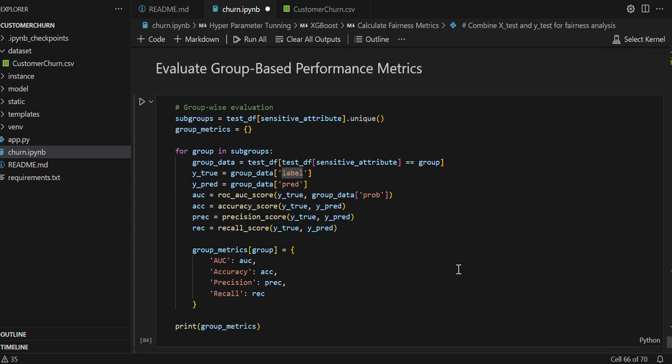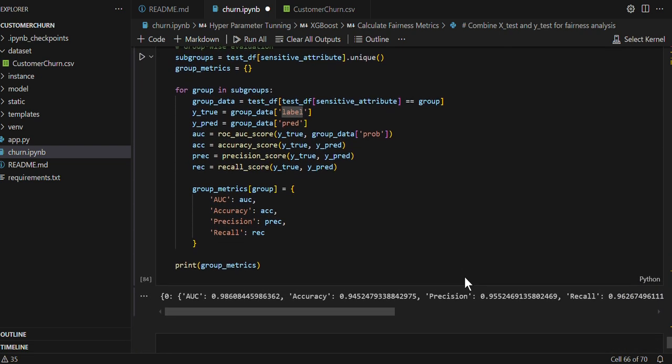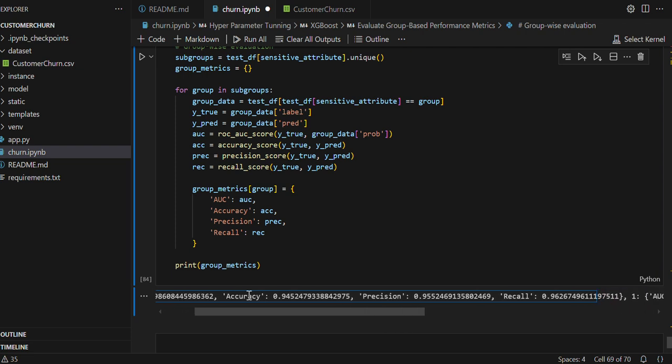Scroll down. So this is the AUC based on those fairness metrics, and this is the best accuracy. This is the precision and the recall for class 0, and for class 1 also, for those two classes we're trying to predict, churn and not churn, for the privileged and unprivileged group.